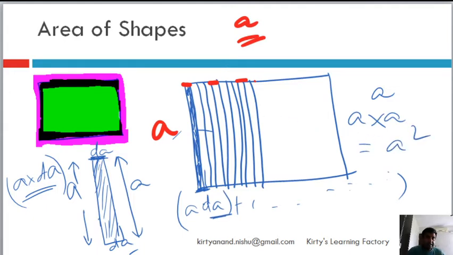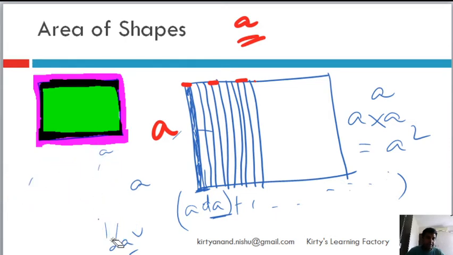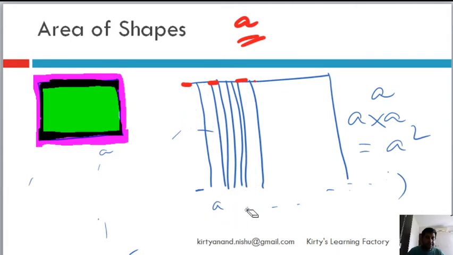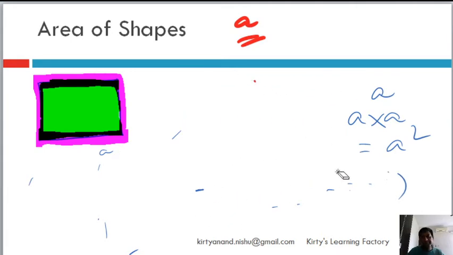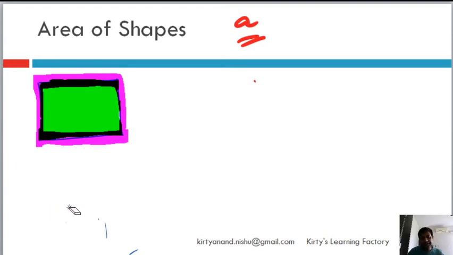There is a technique, and if I get a chance, I will make a video on differentiation calculus. Under that portion of mathematics you can understand it easily, but right now just have a simple understanding that in order to find the area of a square, multiply the length with the breadth.